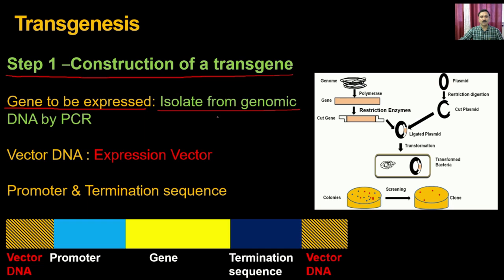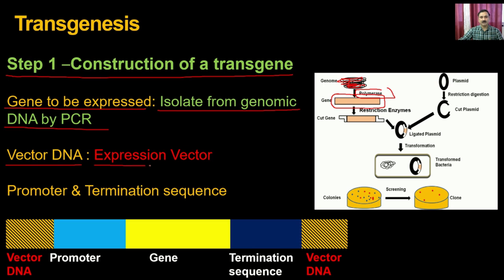For that, you first isolate the genomic DNA, and then with the help of PCR, you can isolate the gene of your interest from the isolated genomic DNA. You do the PCR of that particular gene, and you can isolate that gene in large quantity. And then you require the vector DNA.